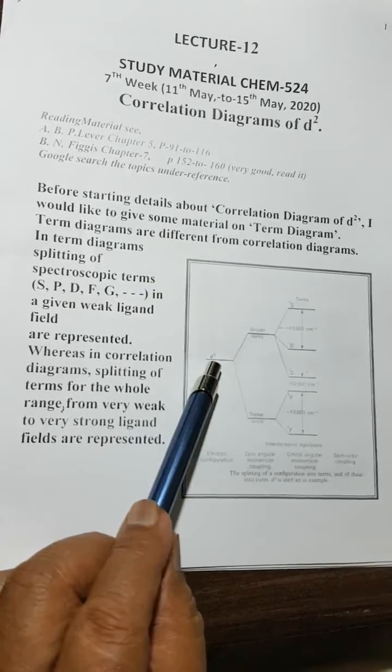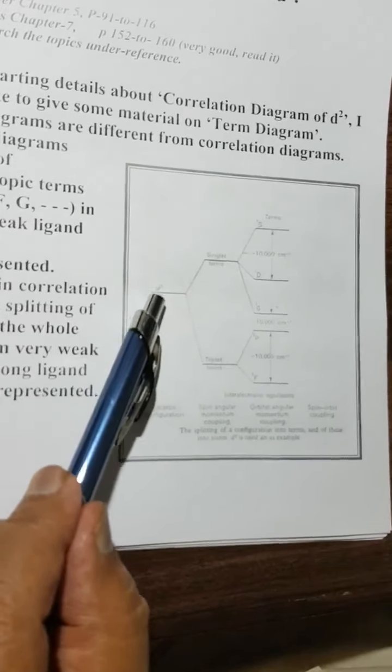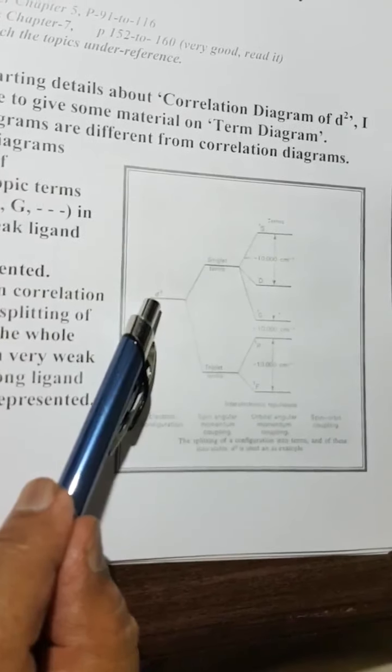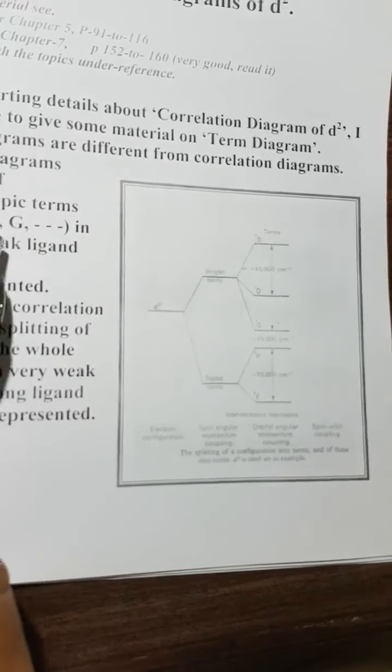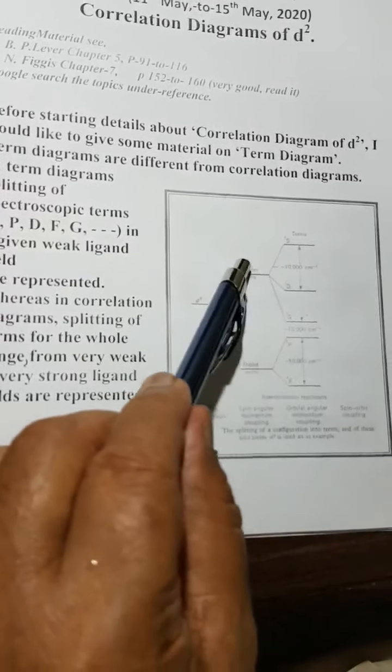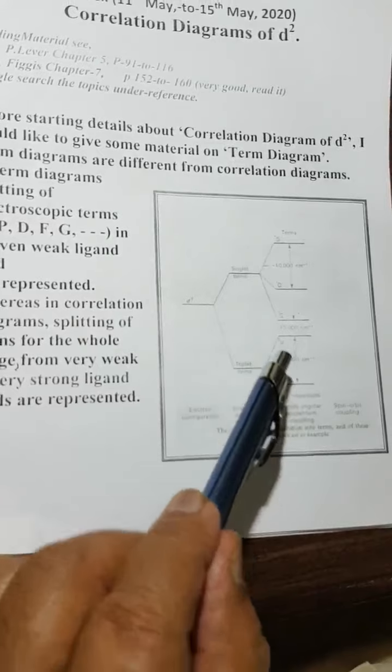You are familiar with the D1, D2, D3 configurations. Now D2 gives S, P, D, F, and G terms. There are triplet terms and singlet terms. The triplets are F3, P3, and the singlet is G1. You already know this and can derive it.